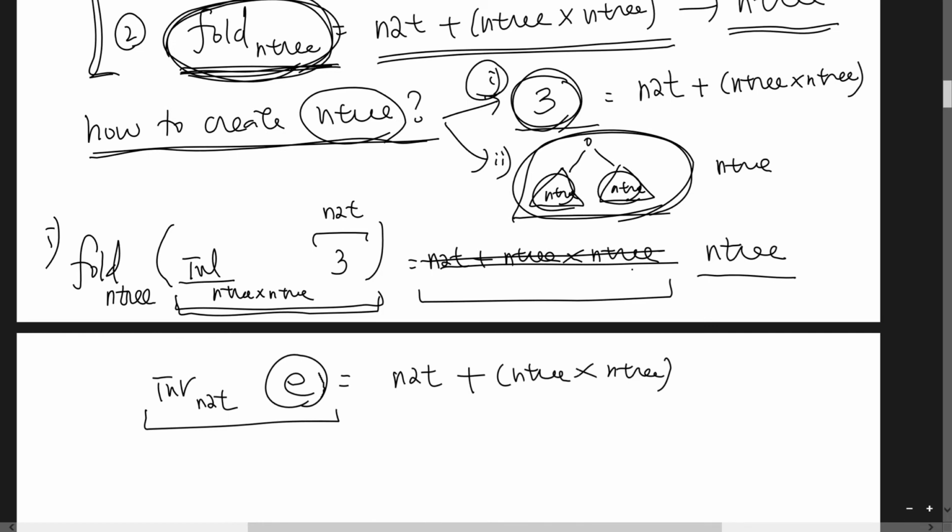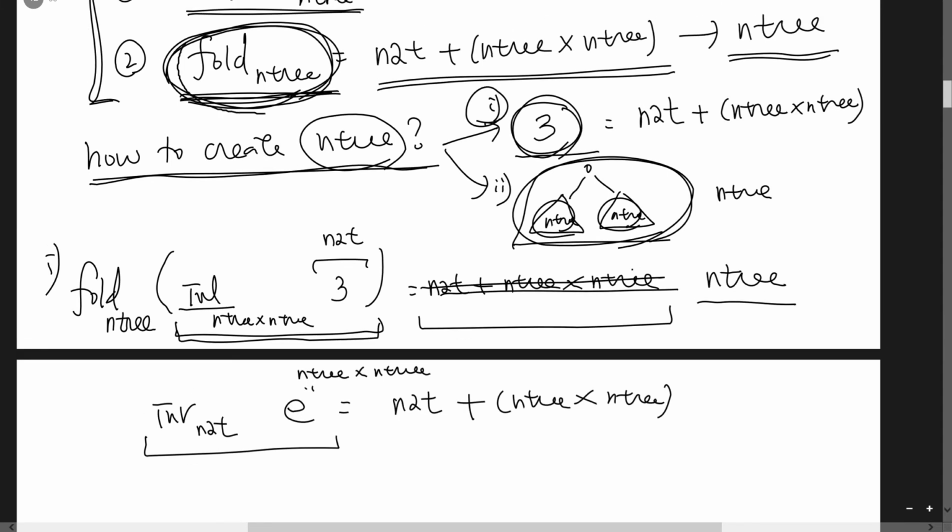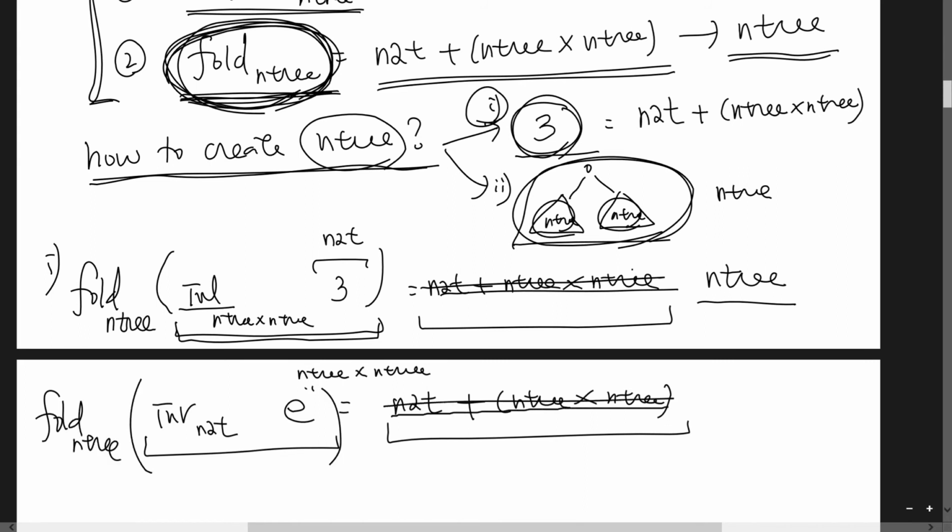Remember that this expression E has type Nat3 times Nat3. Now we are ready to apply the fold function for Nat3. You have created an expression of this sum type. Now it's just a matter of applying this fold function. So you apply fold Nat3, then the whole expression becomes of type natural number 3. So that's precisely the second way of creating natural number 3.